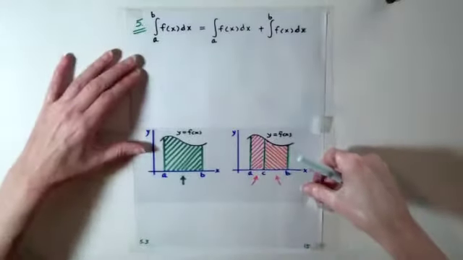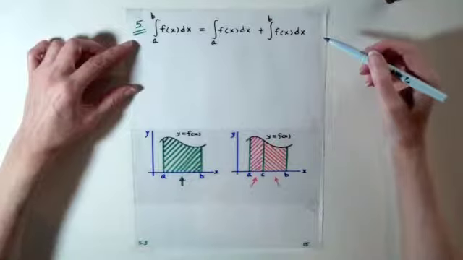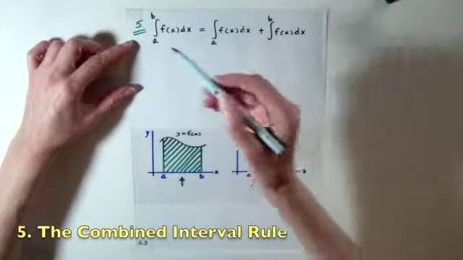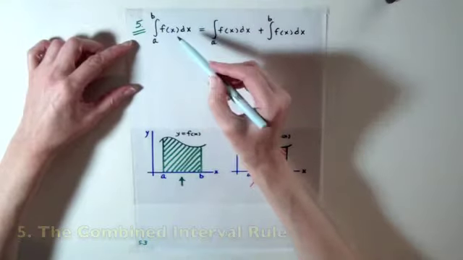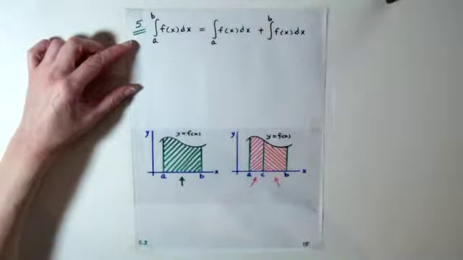This is the last of our properties of definite integrals that we will need in order to answer that red starred question that I talked about earlier. So here's our last property of definite integrals that we need at this point. We're doing the integral from a to b of some function, f of x dx. Well, what does this property say?